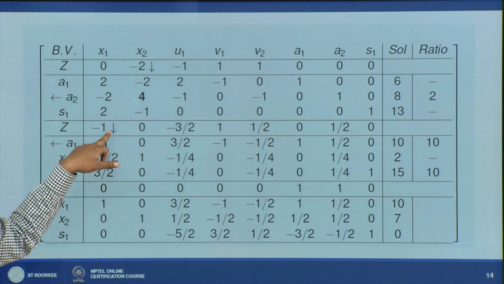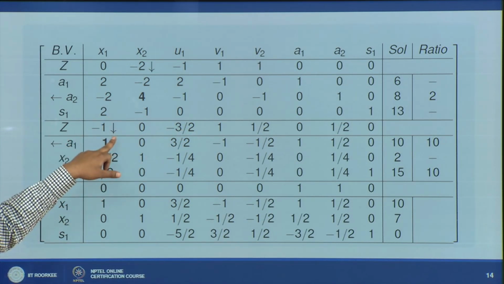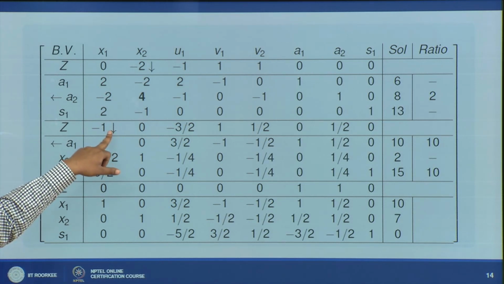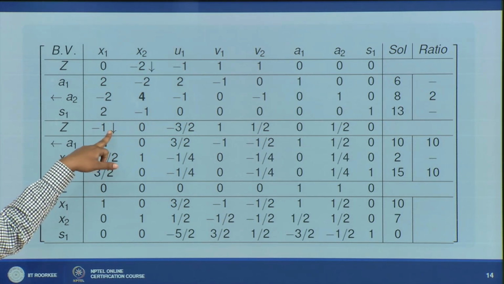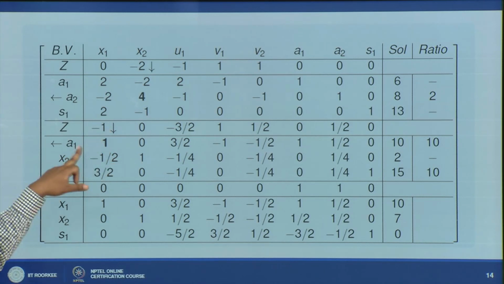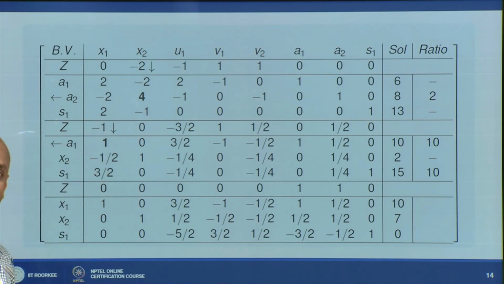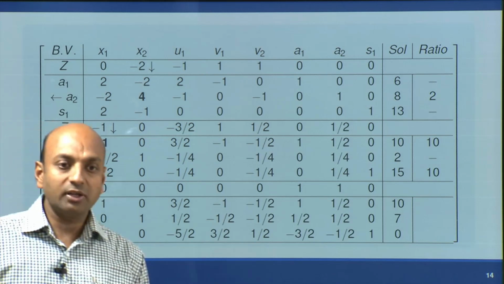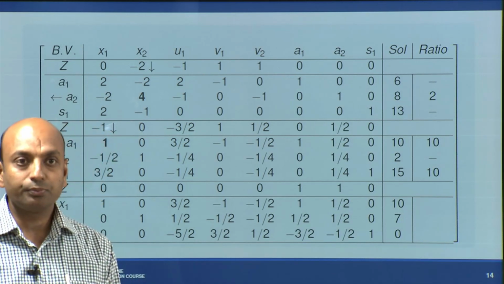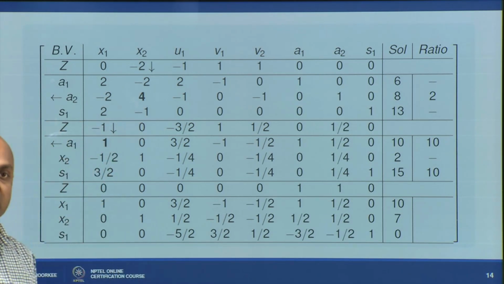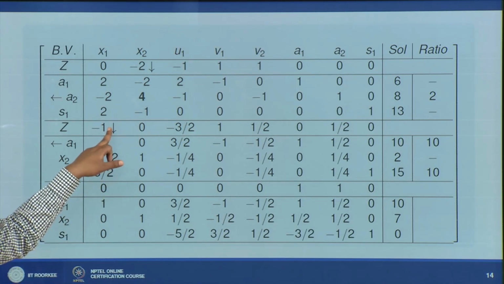If we enter x1, what is the complement of x1? v1. Is v1 there in the basis? No. So, yes, we can enter x1, because v1 is not in the basis, meaning v1 equals 0, and then the condition v1 x1 equal to 0 is satisfied. So, we can enter x1.